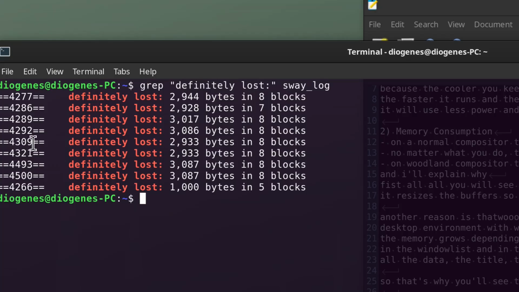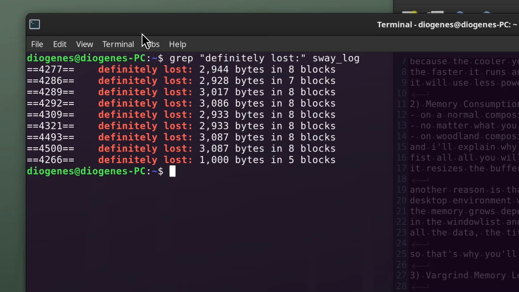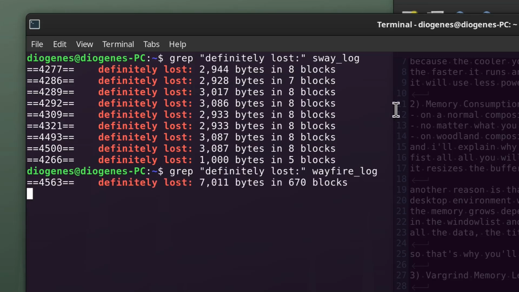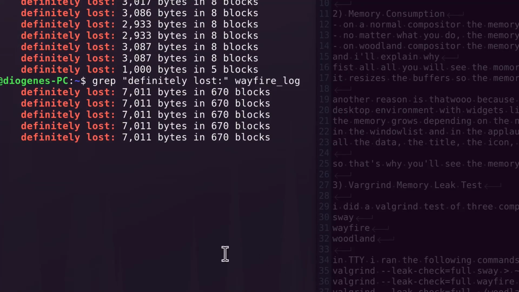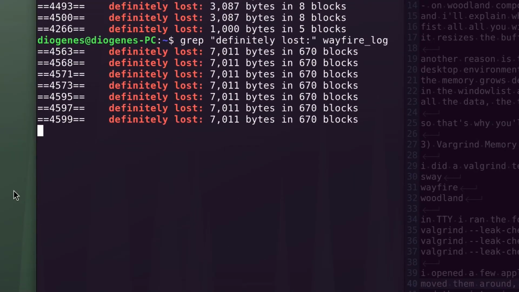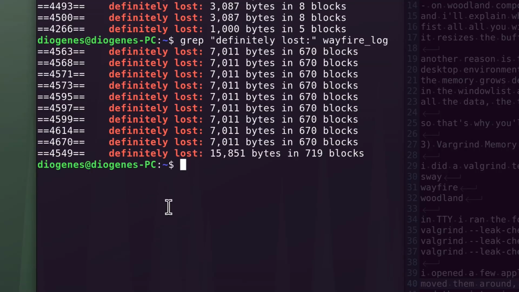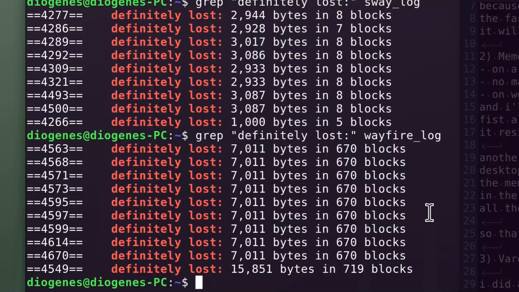There are 9 occurrences. Now let's check the Wayfire log. So Wayfire has 10 occurrences of definitely lost.